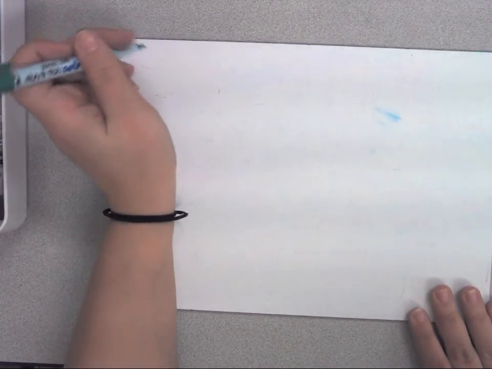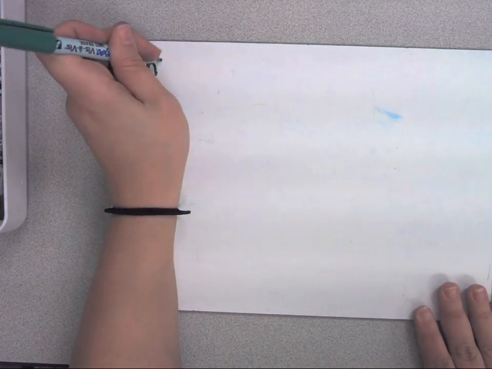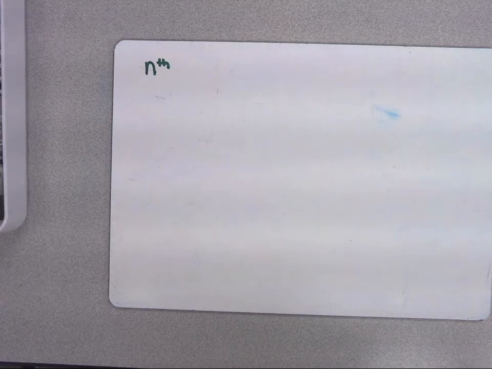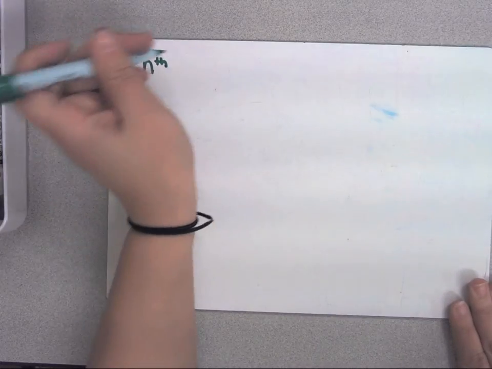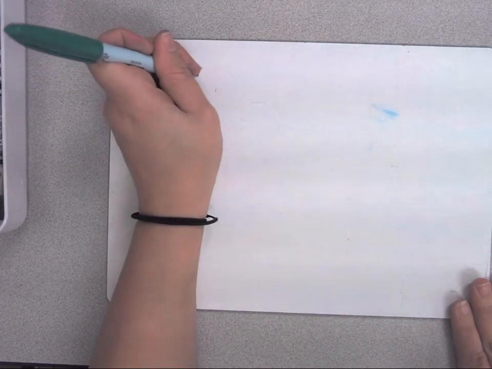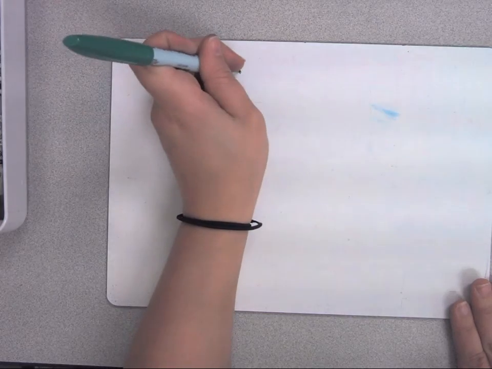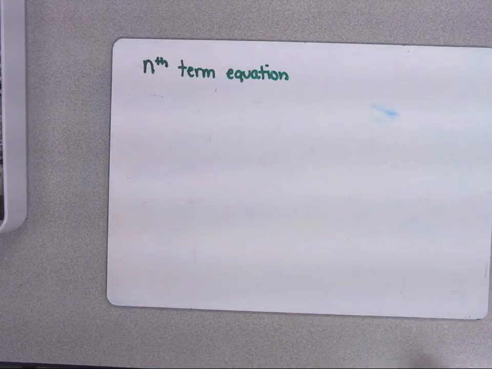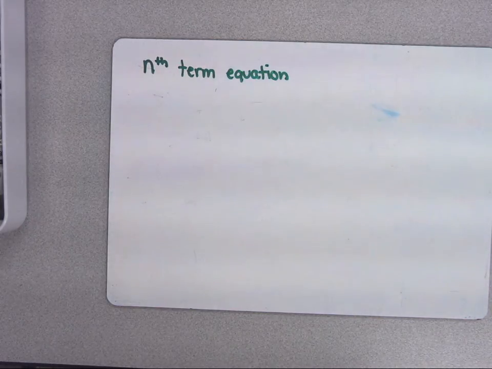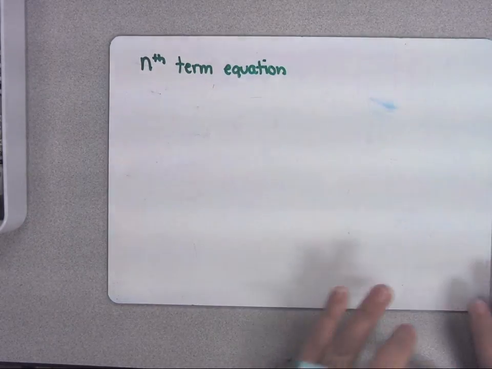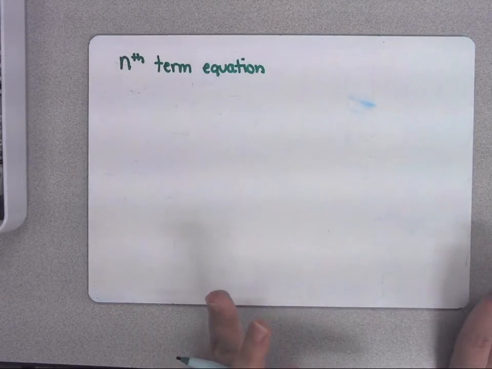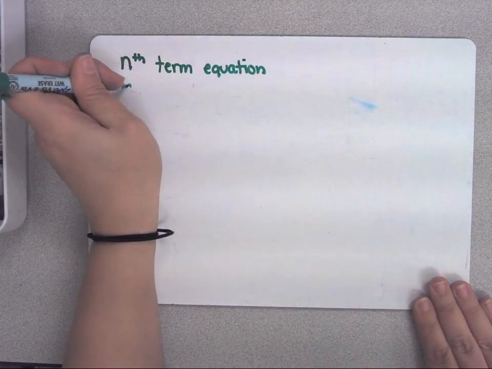So this is the nth term equation. You know how you write first with the TH in the small little top? So 9th, 10th, 100th. N represents the thing we're looking for. Okay. This is the equation. I'll tell you what it all means in just a second. Ready?